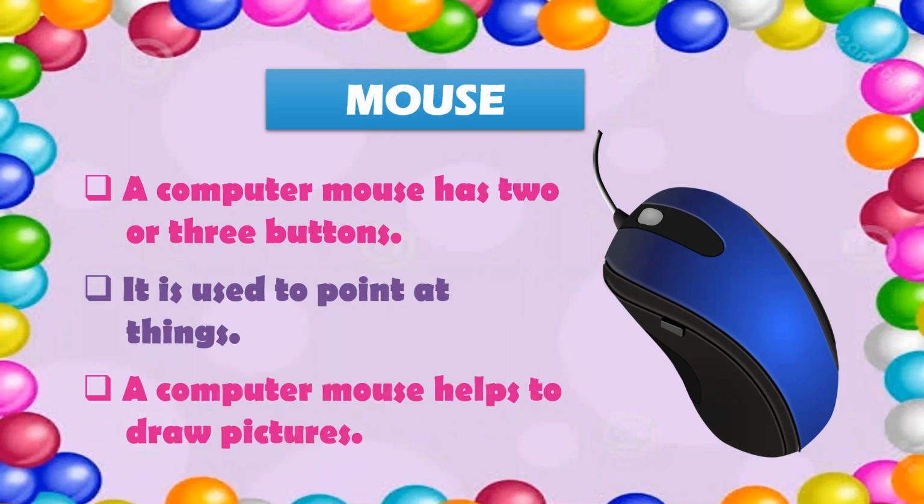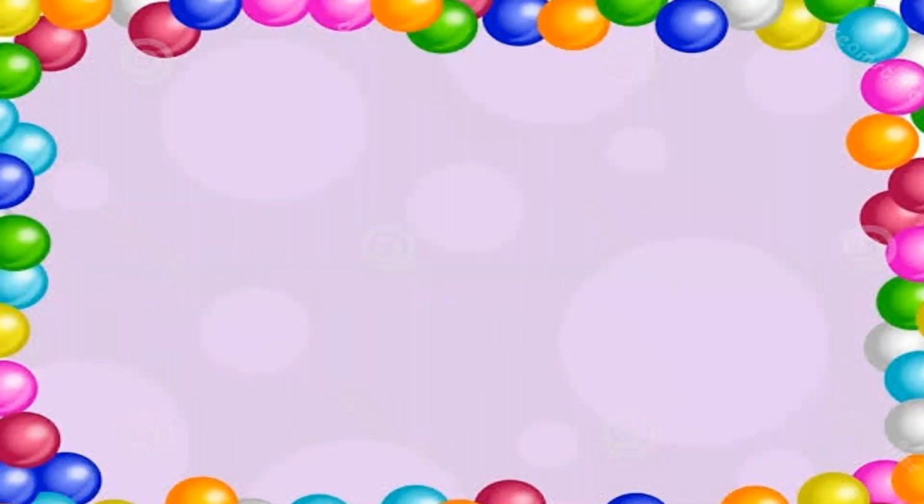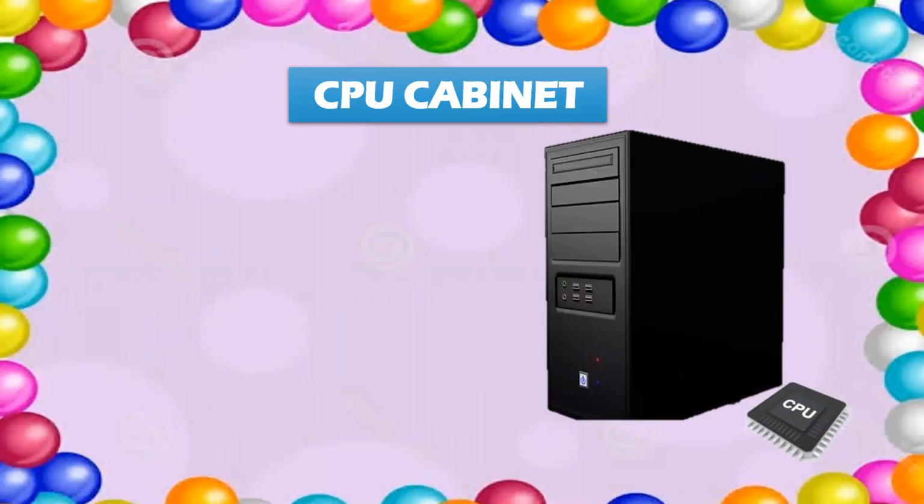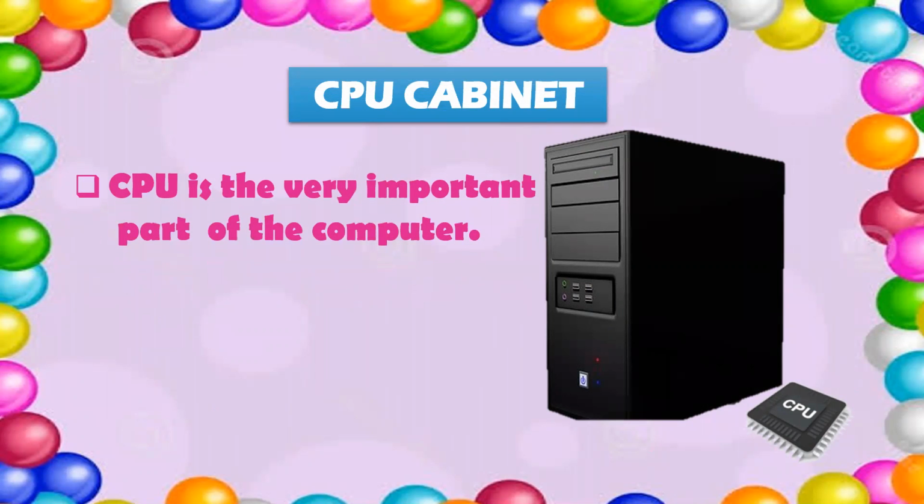Okay, children. Now let us see the next important part of a computer, that is the CPU cabinet. The picture shown here is a CPU cabinet, and beside it a small picture is there, that is actually the CPU. The CPU is a very important part of a computer. It can also be called the system cabinet.